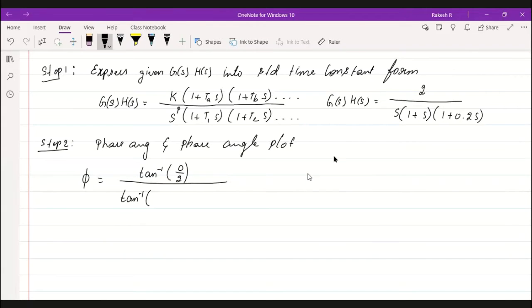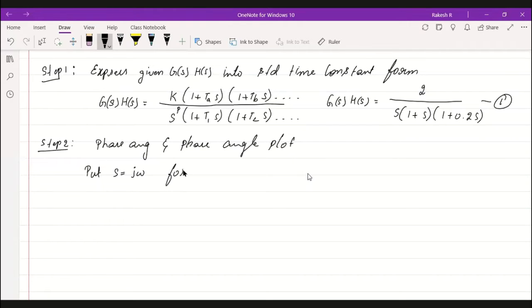So before going to that, I need to express this in terms of j omega, right? First, I need to express this in terms of j omega. That is, put s equals j omega. Substitute s equals j omega for equation number 1. Call this equation number 1.